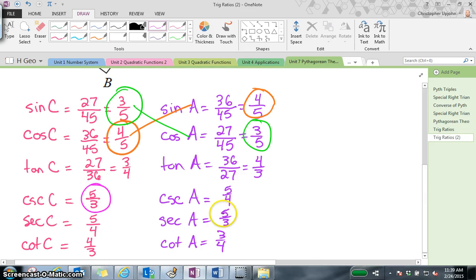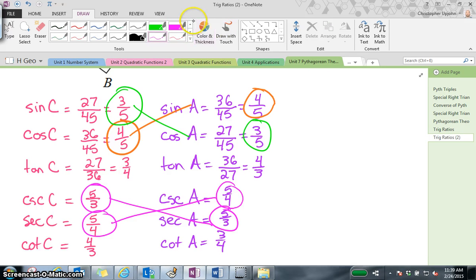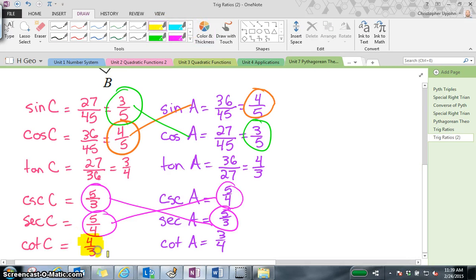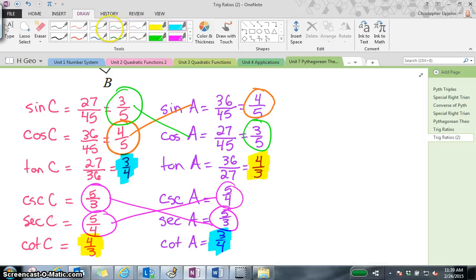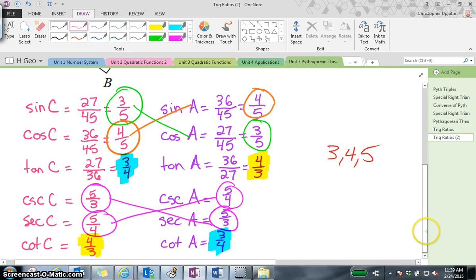Cosecant of C and secant of A. These two are also the same. And if we want to really get into it, cotangent of C is tangent of A, and tangent of C is the cotangent of A. So really, there are 12 ratios up there, but there's only 6 different ones. And how many different numbers are there if we just look at each part individually? 3, 3, 4, 5. And that's what? A triple. So when we reduce down our trig functions, we're going to get a triple.